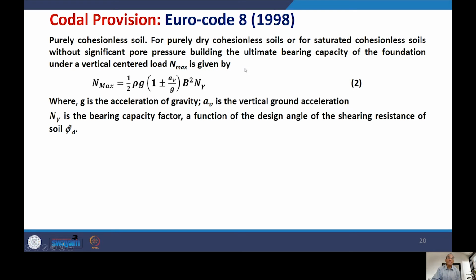Here, it is half into ρ g (1 ± AV/g) B² into Nγ, where ρ is mass density, g is the acceleration due to gravity, AV is the vertical ground acceleration due to seismic excitation, B is the width of the foundation, and Nγ is the bearing capacity factor, which is a function of the design angle of shearing resistance of soil, that is φ′. So this was about some of the things prescribed by Eurocode.